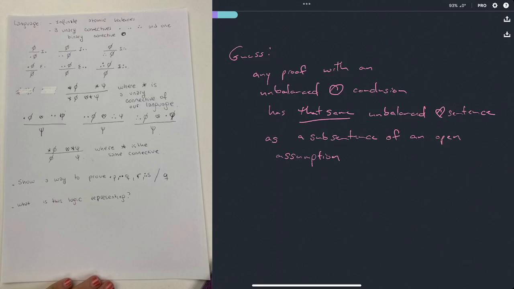The only way we have of building a pretzel sentence at all is that pretzel intro rule, which can only produce balanced ones. So I'm going to stick with it as a guess. I'd want to sit and ponder it for longer before I said this is something I know for sure, because I could be missing something, but I'm pretty confident about it. I'll call that a confident guess.